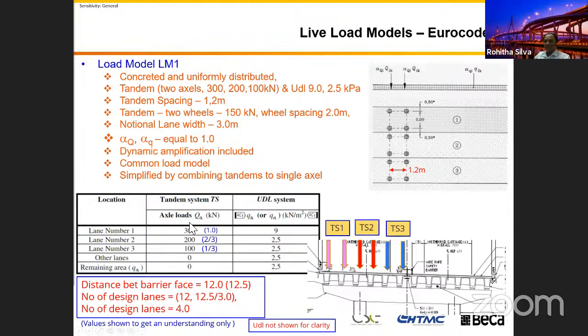In this one, you got a first lane that is heavy: 600 total axle weight and the 27 kilonewton per meter UDL.